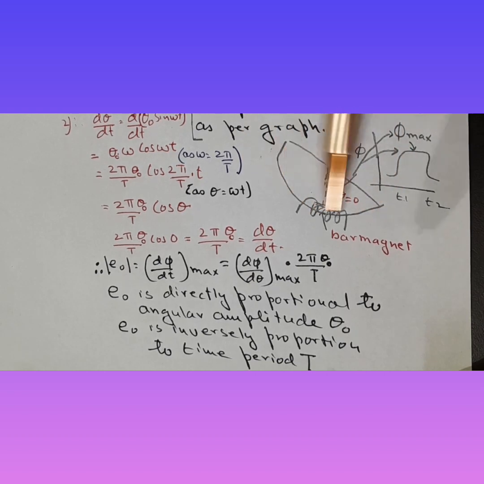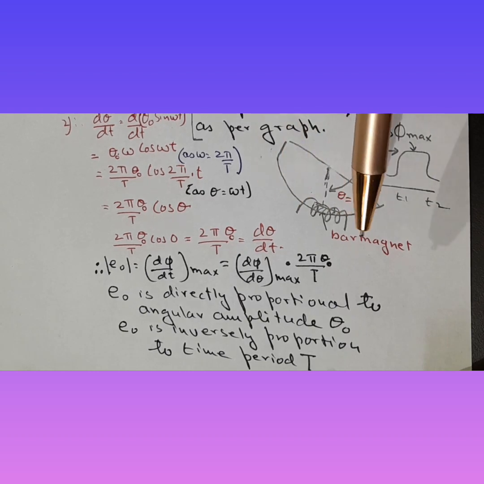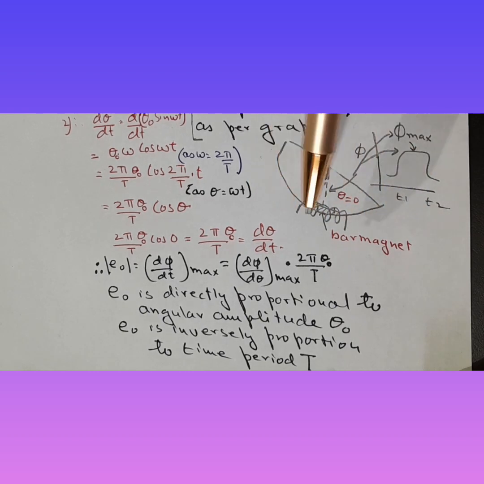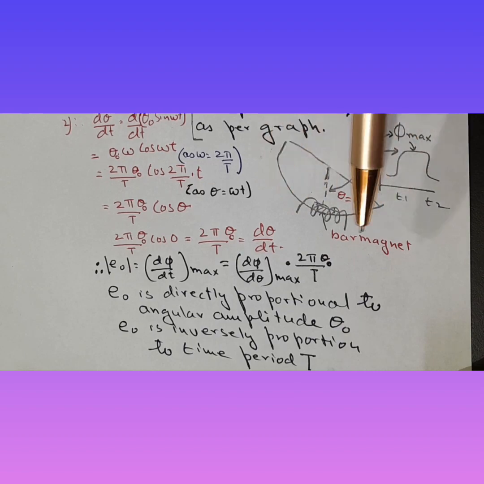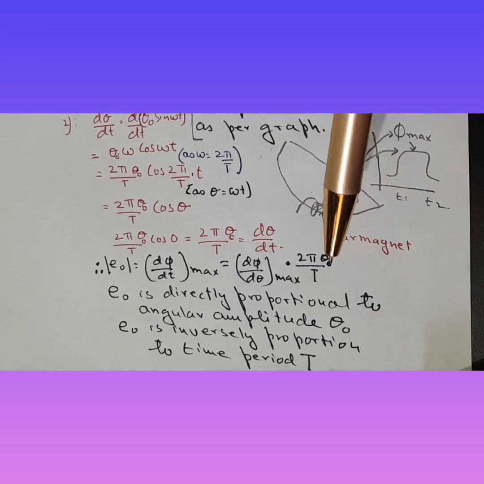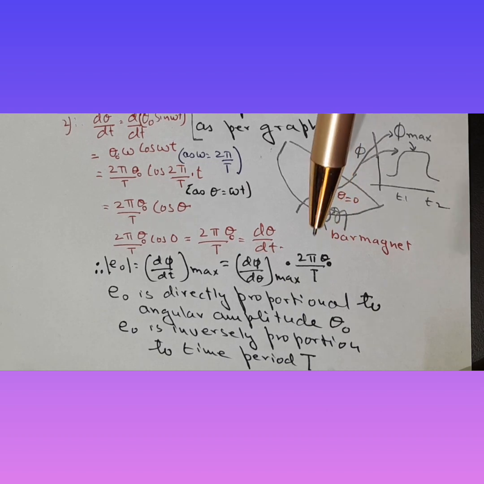So if these coils which we are talking about, these wire loops, if we increase the number of loops, then the amplitude would be more, and since amplitude would be more, the EMF generated also would be more. So number of turns increase and time period reduce, time period in the sense moving faster. Alright, so these are the two factors which would generate more EMF.